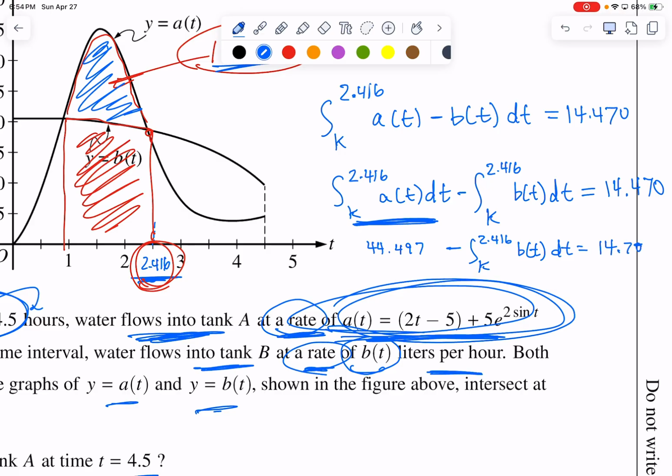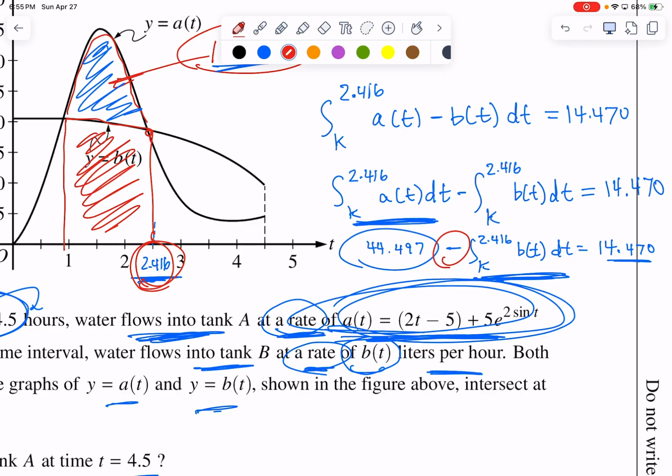Can anybody tell me what you can do here to solve for the integral? How can I solve this one? Take 14.470 minus what you have on your calculator right now, the 44.497, and then divide it by a negative.